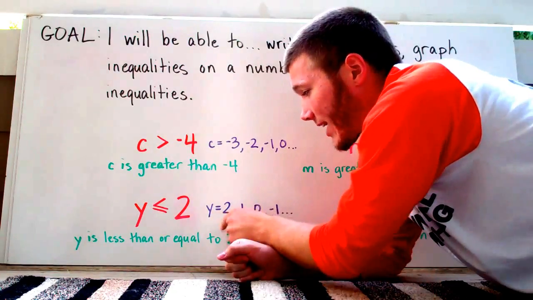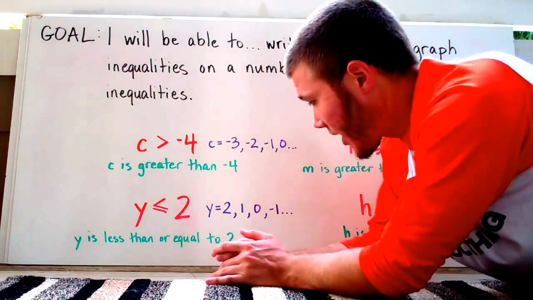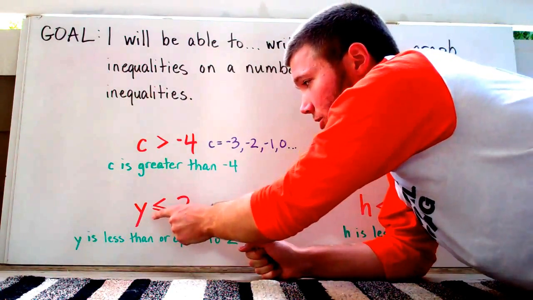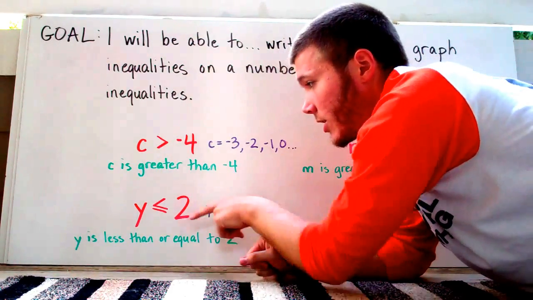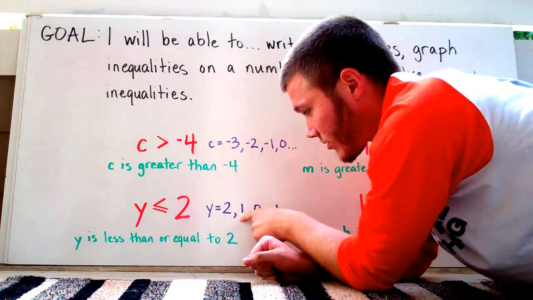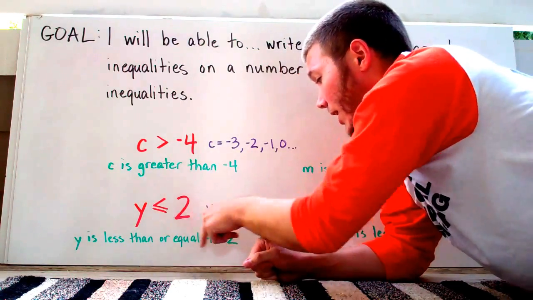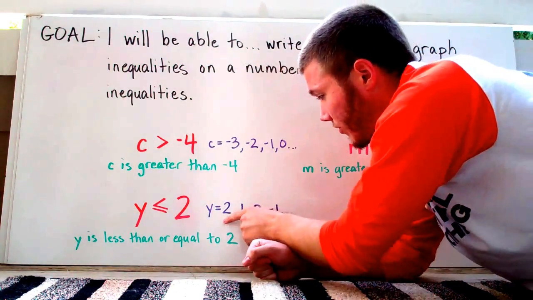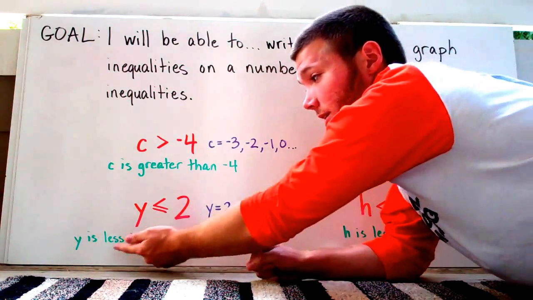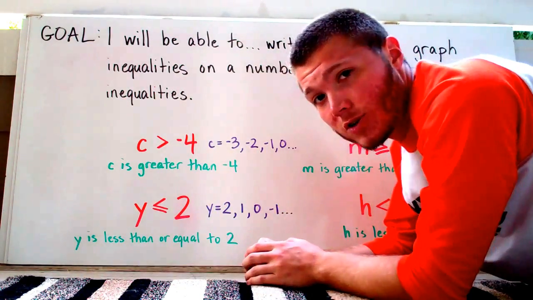That means that y can equal a bunch of different answers. Since y is less than or equal to 2, y can equal positive 1, y can equal 0, y can equal negative 1, and so on, because all of these numbers are less than or equal to 2.